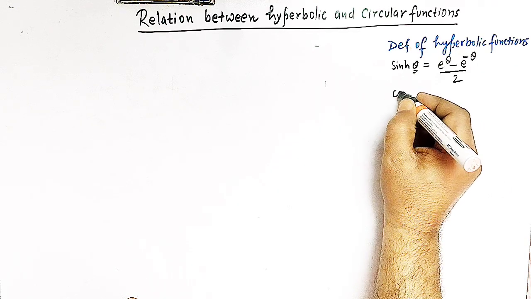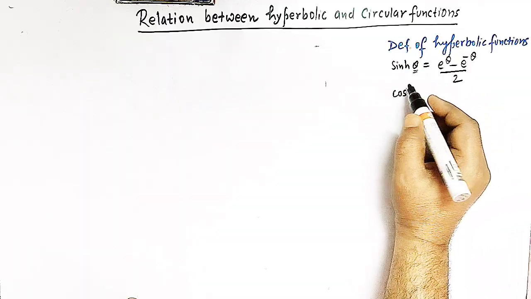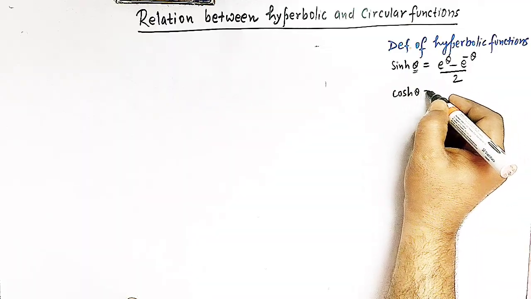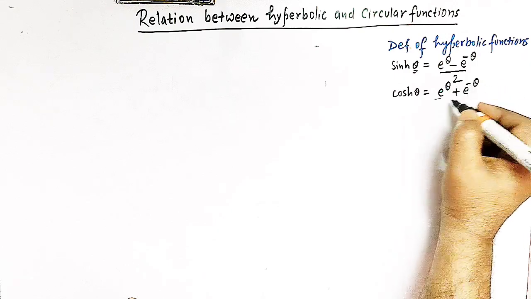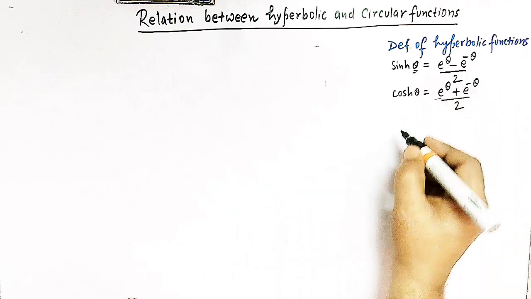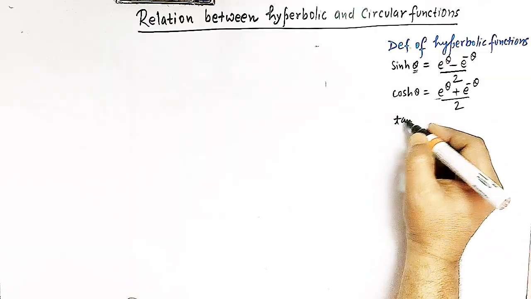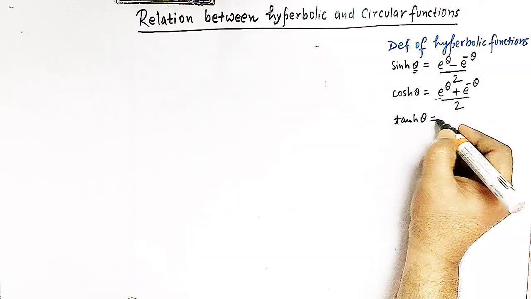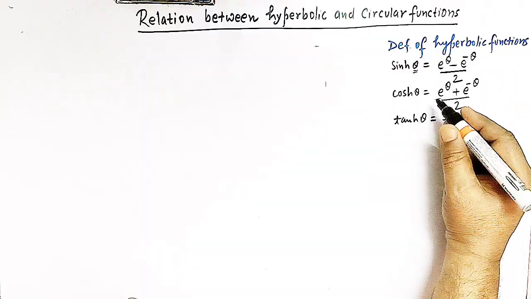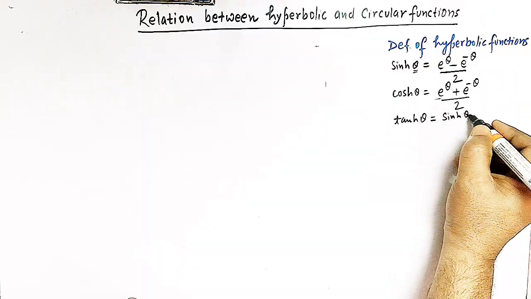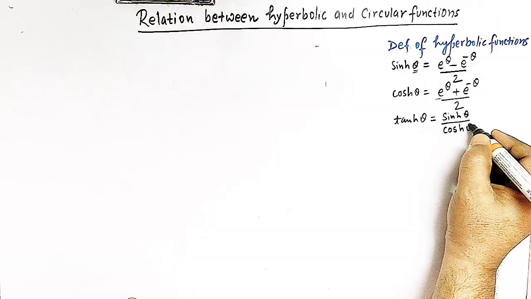And similarly we can define the hyperbolic cosine of theta as e raised to theta plus e raised to minus theta over 2, and the hyperbolic tangent of theta is defined as the ratio of hyperbolic sine of theta and the hyperbolic cosine of theta.